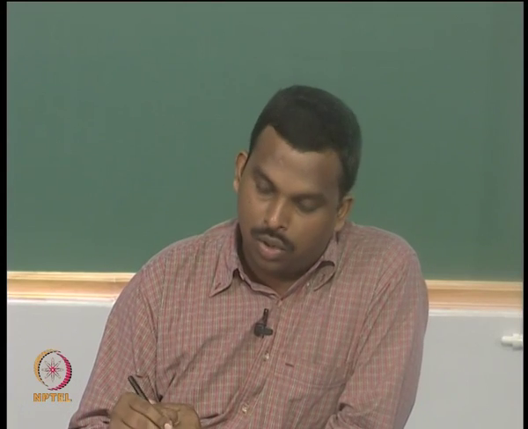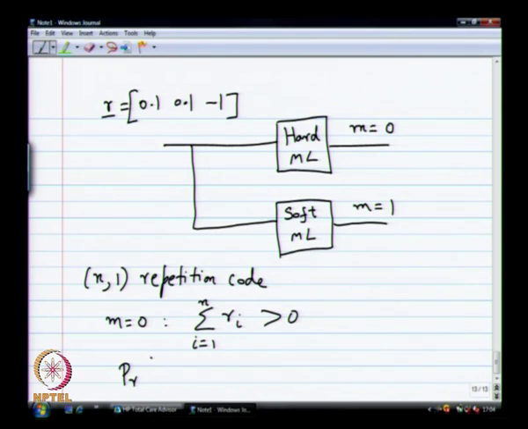Let us compute that. Let us find the probability that the summation i equals 1 to n of Ri is less than 0, given that 1 1 1 was sent. This is the probability that you will make an error.